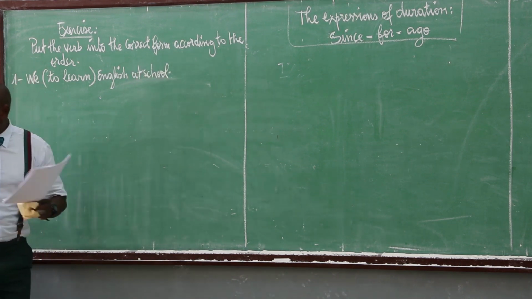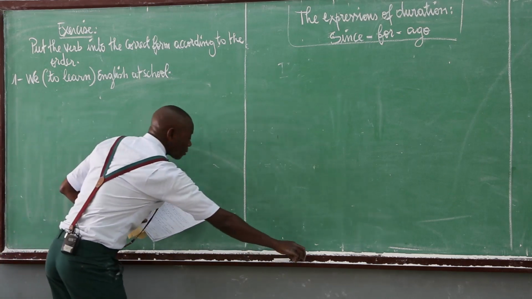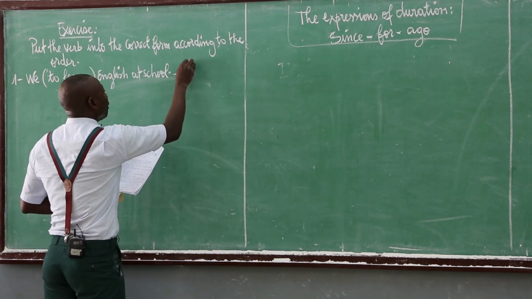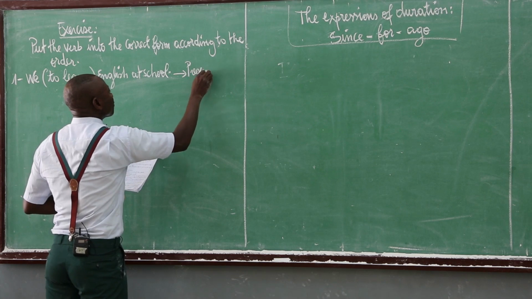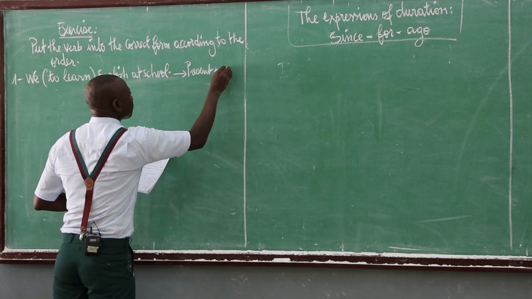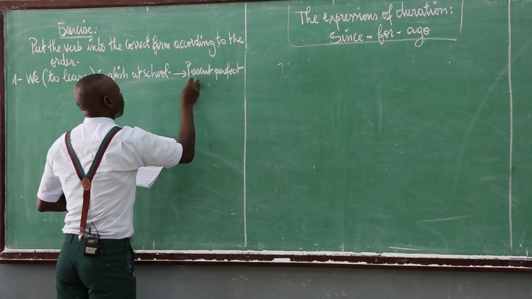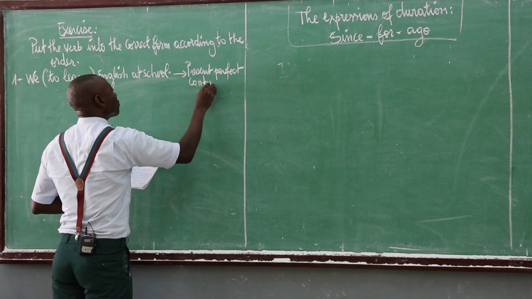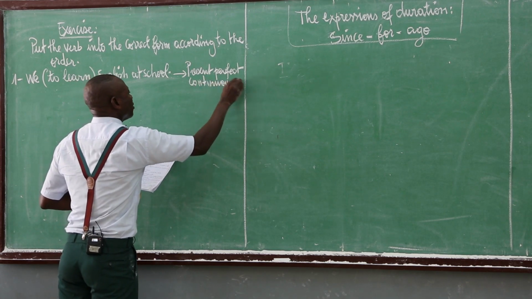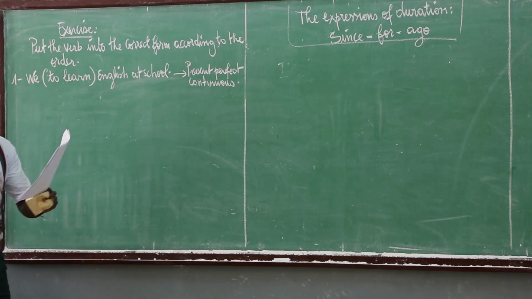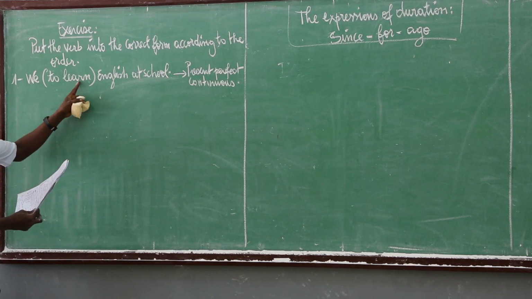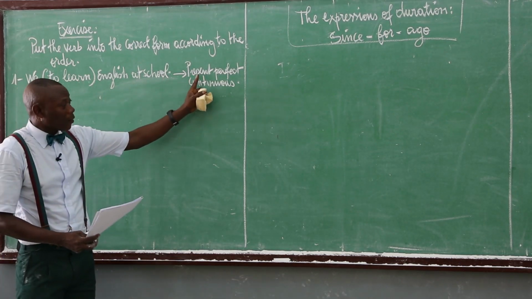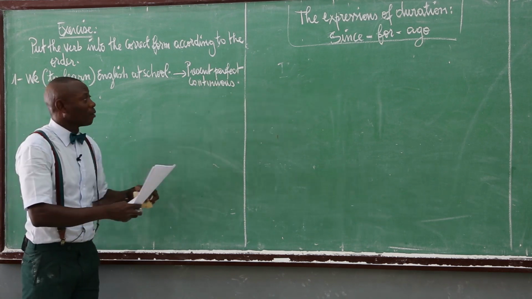The order I give you here is present perfect continuous. It means that you are going to conjugate the verb at this tense, present perfect continuous.